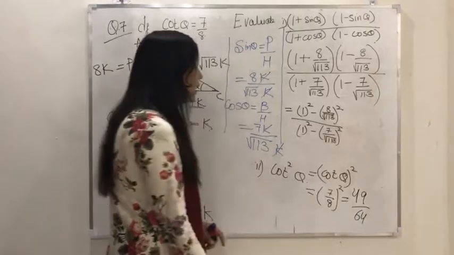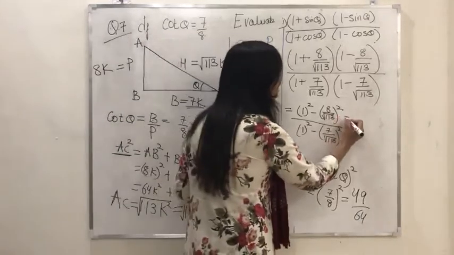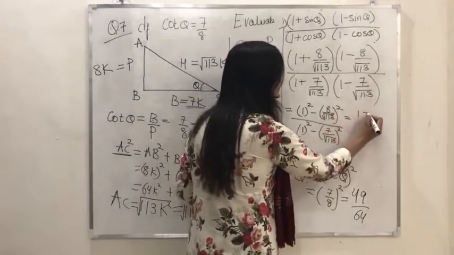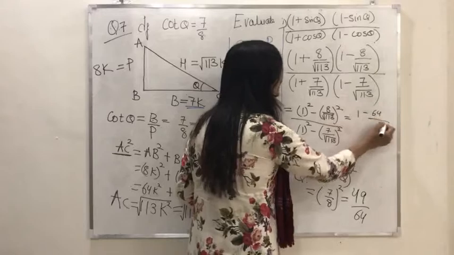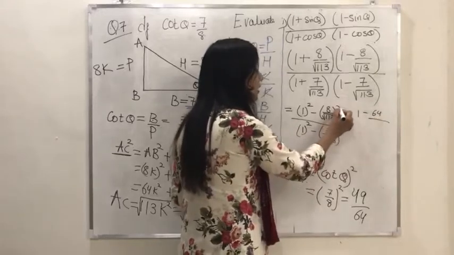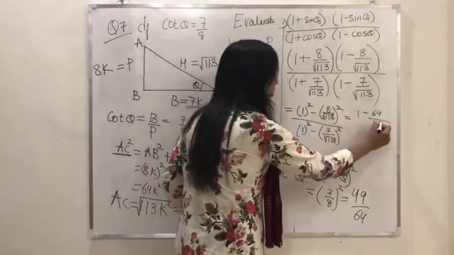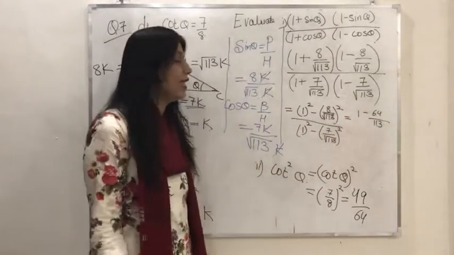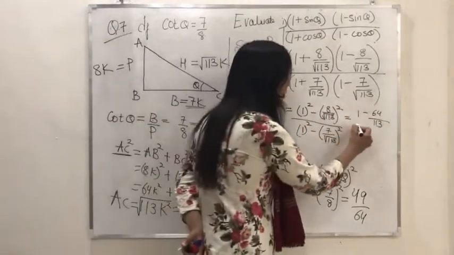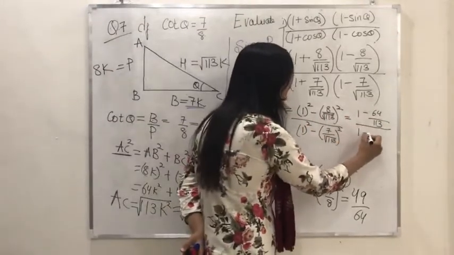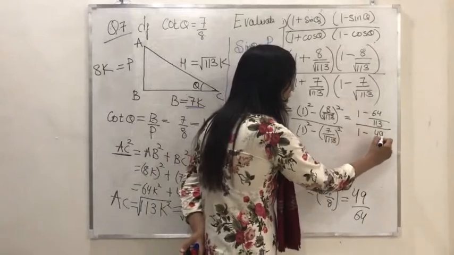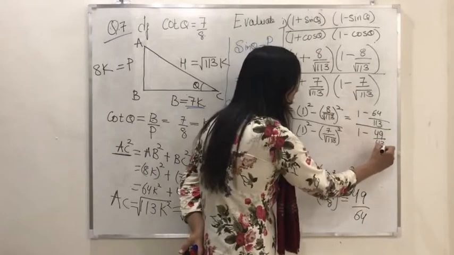So what I will get is 1 square is 1, 8 square is 64, and the square of root 113 will be 113. Square root and square will cancel out. Similarly in the denominator I will get 1 minus 49 upon 113.